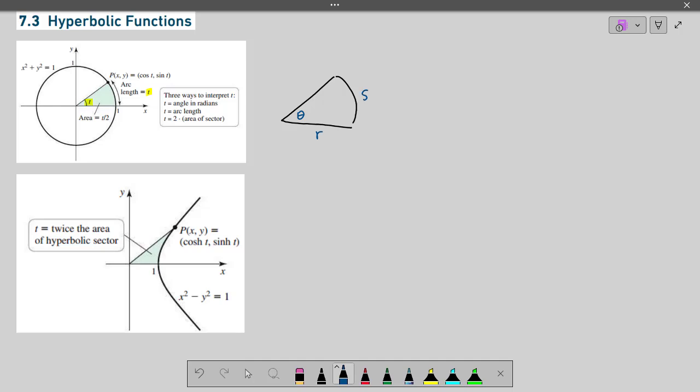There is a relationship between theta, r, and s. And what is that relationship? S equals r theta. You can either remember it like that, or the way I was taught to remember it, and this is only when theta's in radians. S and r have the same units of length.